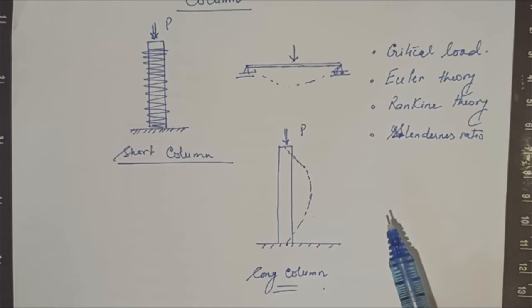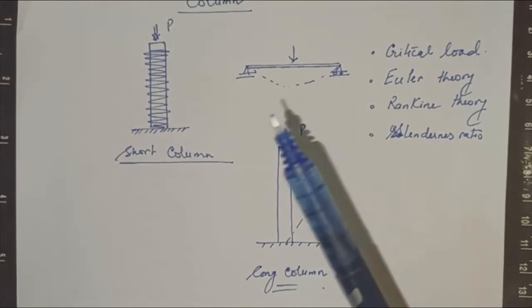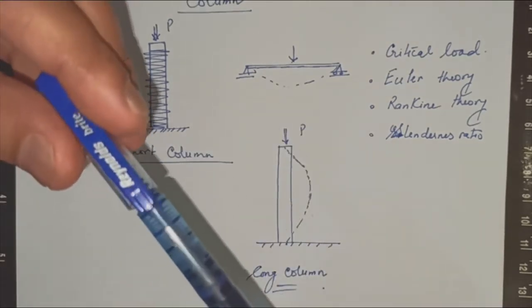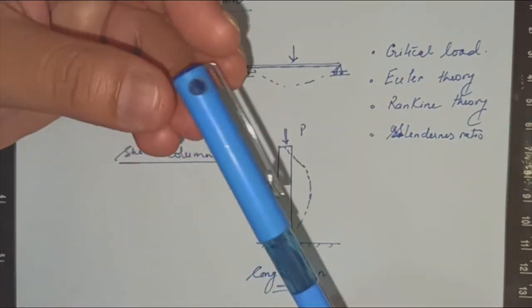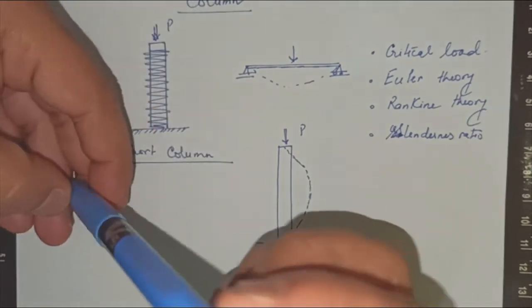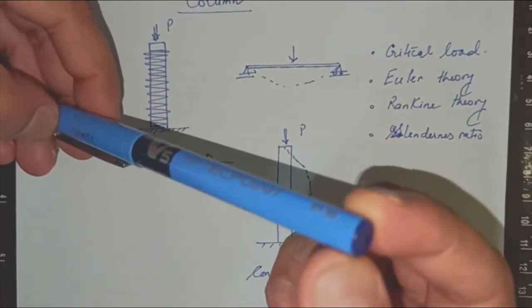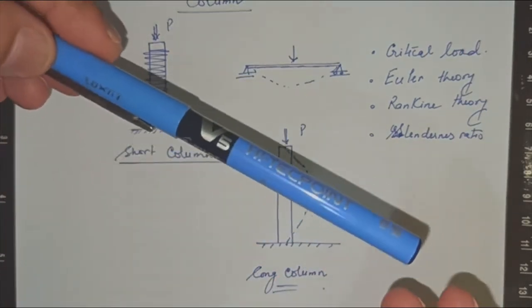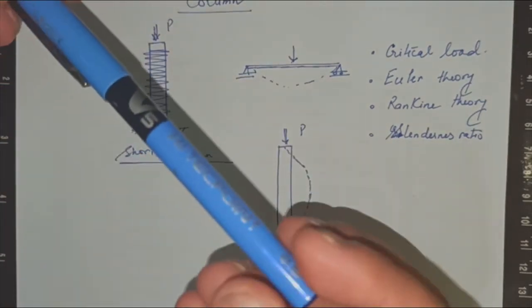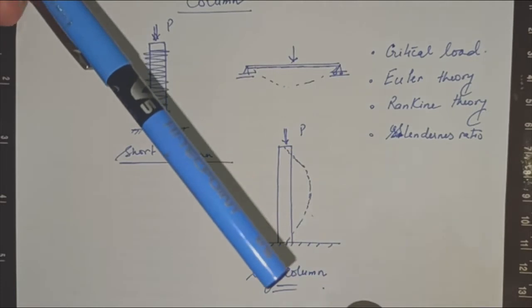But at this point I would like to tell you what the slenderness of a structure is. This is a specific column, and it has a particular dimension and a length. If I have something with the same dimension and more length, that is more slender.